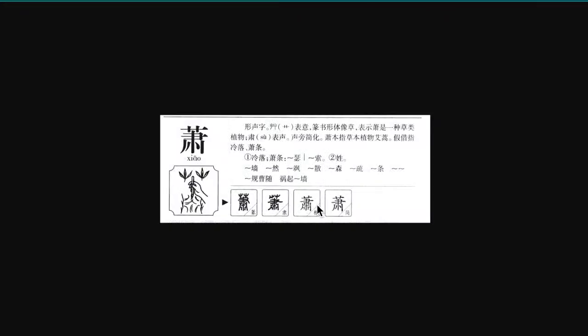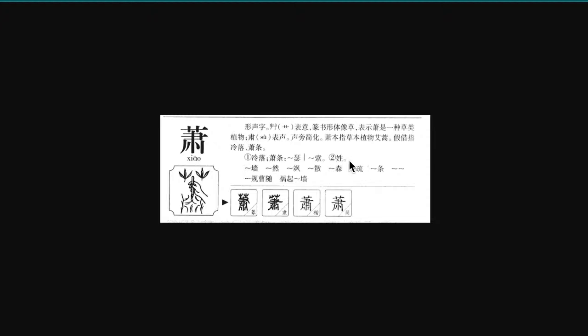So let's take a look at the character. Because it's referring to a grass, it has the grass radical on the top, and on the bottom is su, for sound.